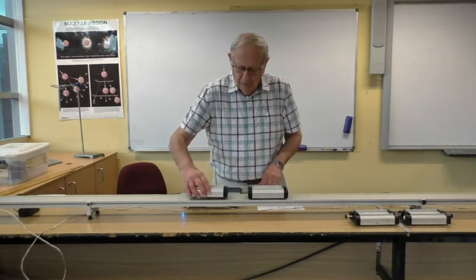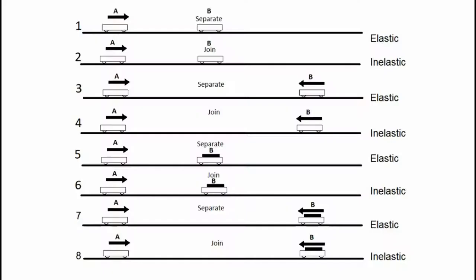So we're going to do a variety of collisions. We've got 8 collisions altogether. Firstly, stationary and equal masses, and they'll be elastic. Then it'll be inelastic, and down here we've got them both moving, elastic, and then here we've got them both moving and inelastic.